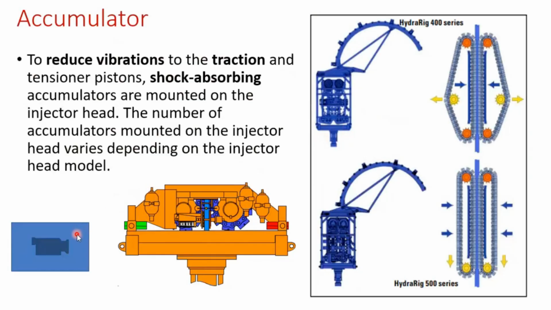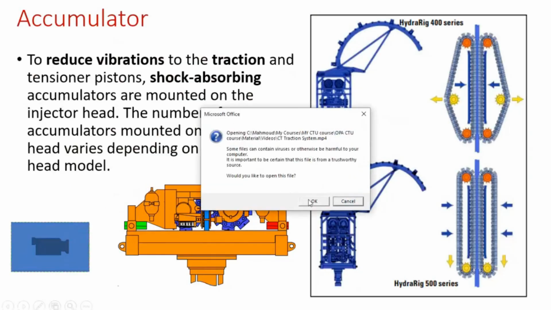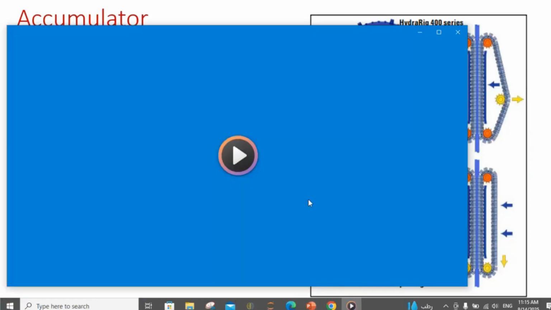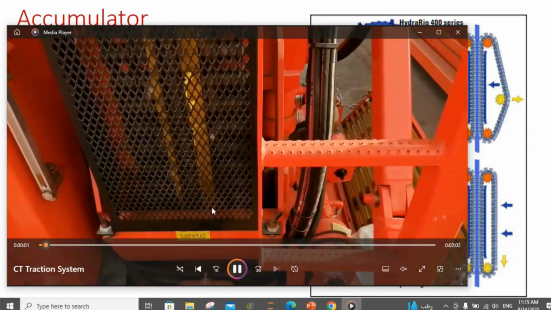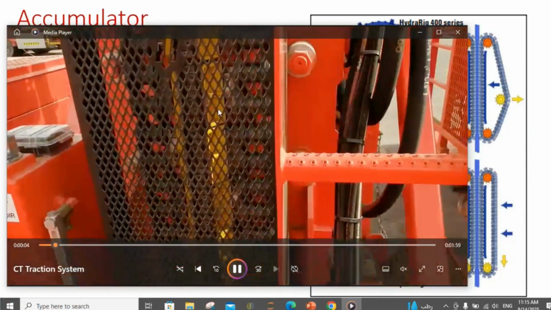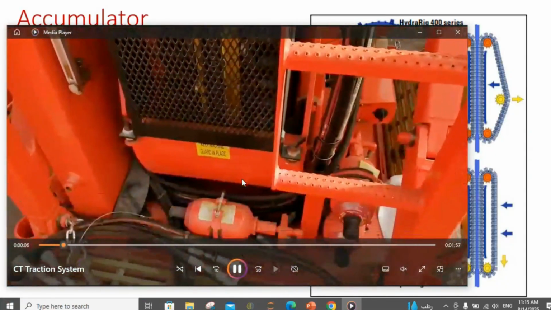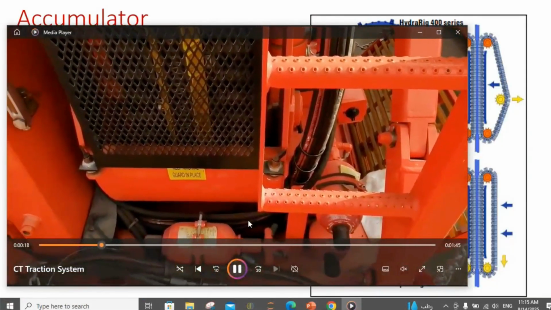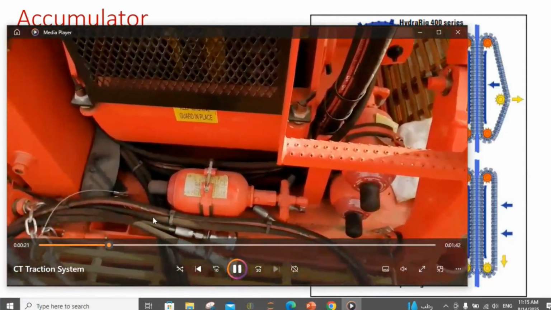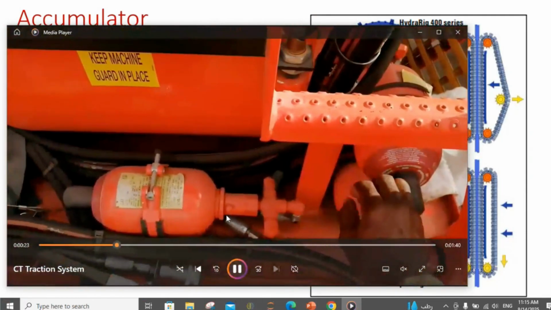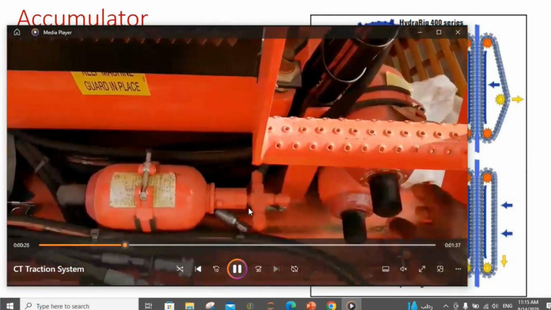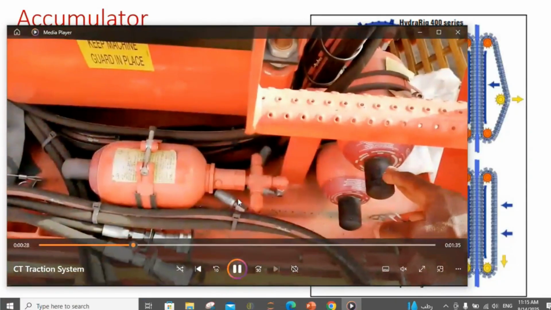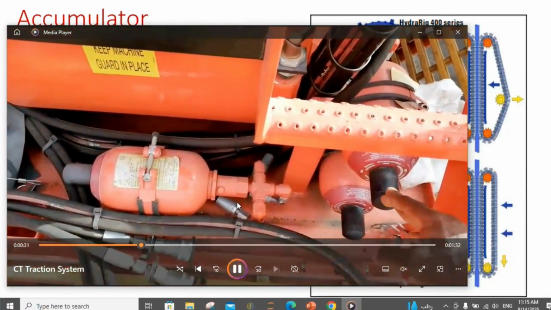If we look at the traction system and the accumulators in the field, what is this? These are the gripper blocks, as we will see on the next slide. These are the accumulators, connected with these hydraulic hoses. The hydraulic hoses, especially for the traction system, come from the priority circuit.